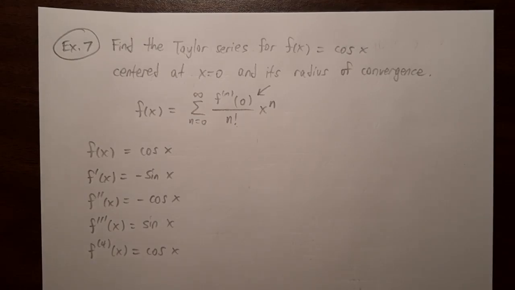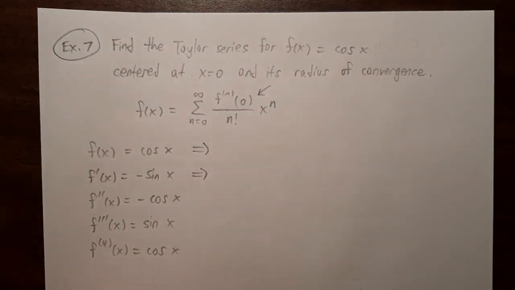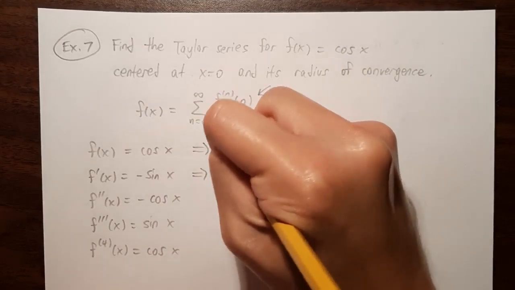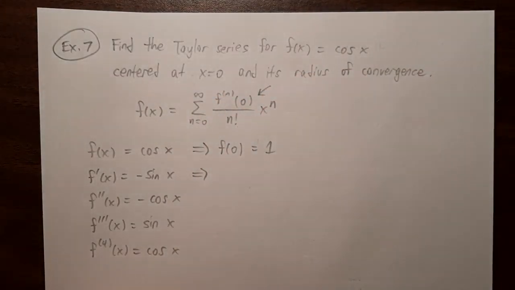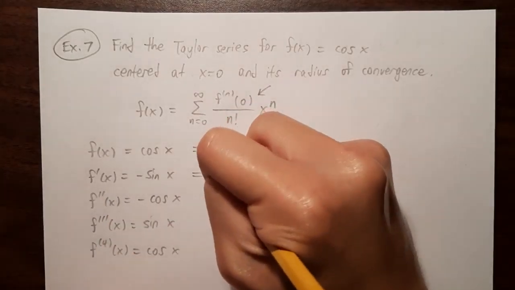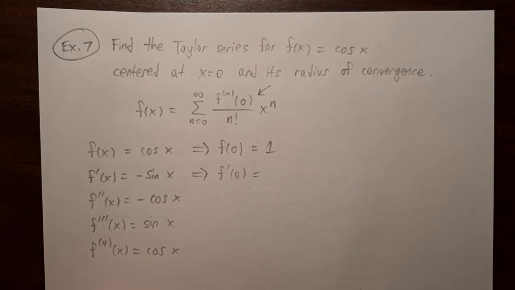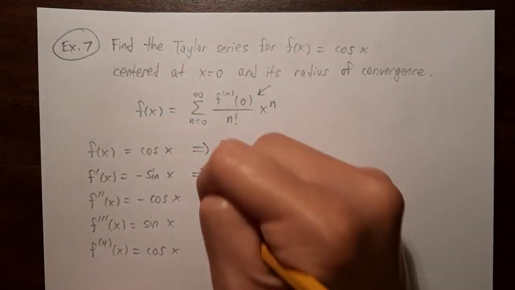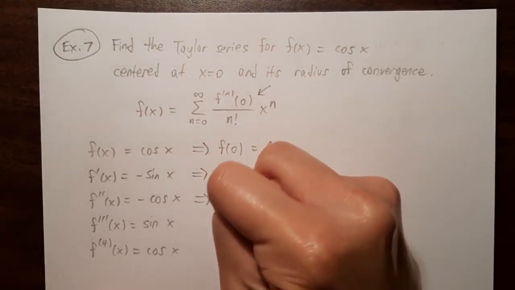All right, so let's plug in 0 into each of these and see what we get, if we can identify a pattern going on. So f of 0, that's cosine of 0, which is just 1. F prime of 0, that is going to be negative sine of 0, but sine of 0 is 0, so this is just going to be 0. Next up, we have minus cosine x, so f double prime at 0.